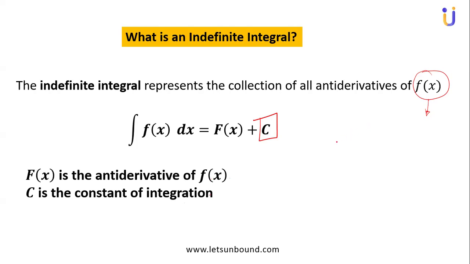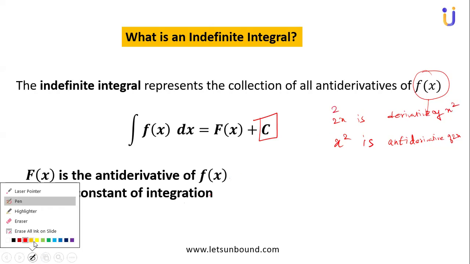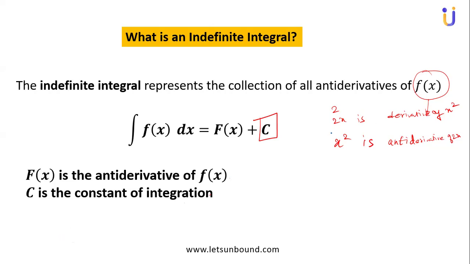For example, we said x square is antiderivative of 2x, right? Because 2x is the derivative, we just switch it. 2x is also, let me write, not only the derivative of x square. 2x is also a derivative of x square plus 3.